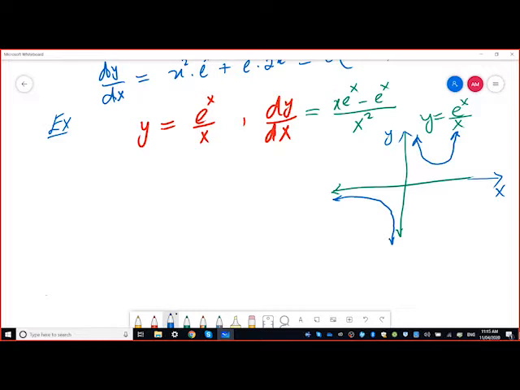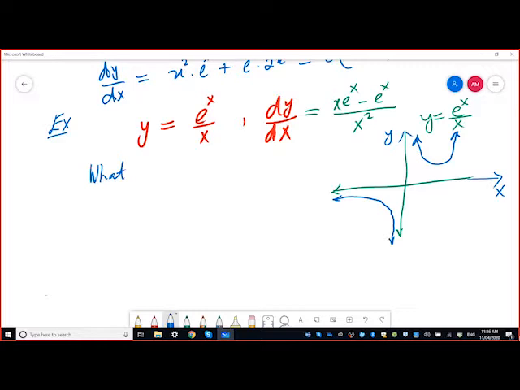So this is the graph. Now the question is, presently you can use the calculator. So what is local minima? Local minimum is the only stationary point.